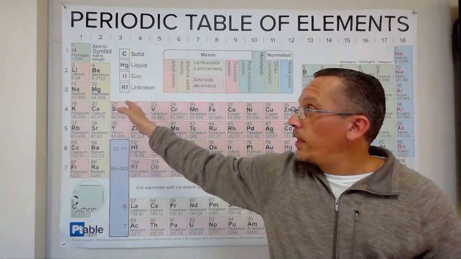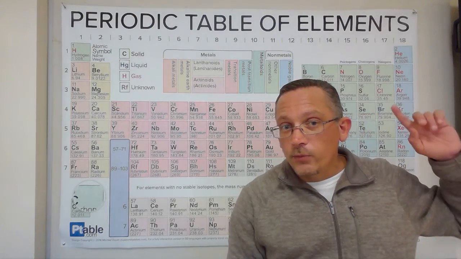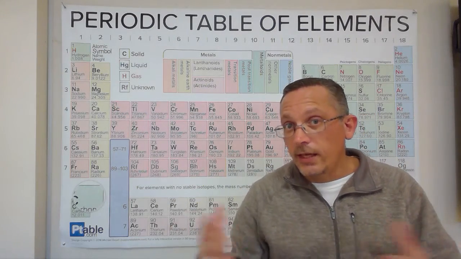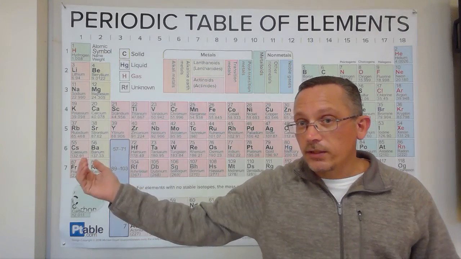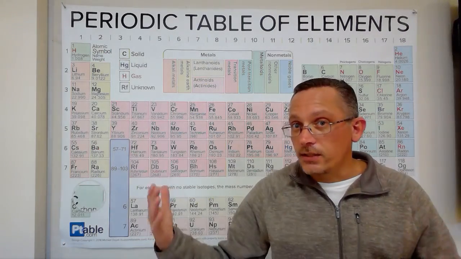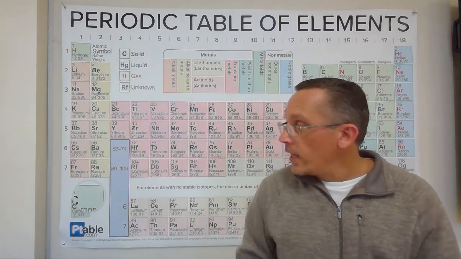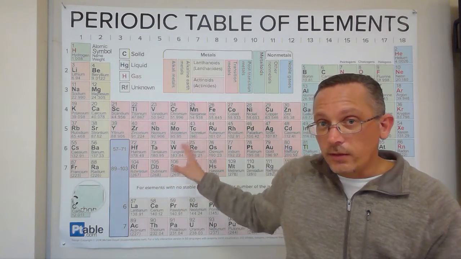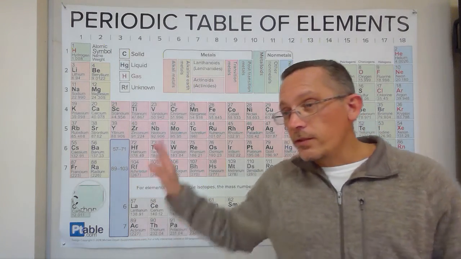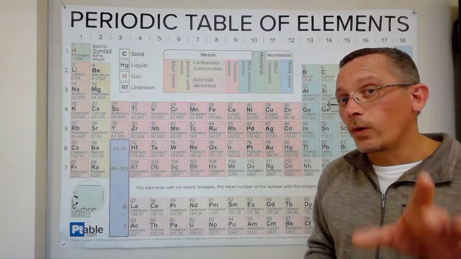Well, you would need 2 of them. So in this case, a magnesium ion will form a compound with 2 chloride ions. You have to consider their charges to understand how many of each will bond together. And sometimes, especially with the transition metals, you have to pay really close attention because some of these transition metals can form more than one ion.